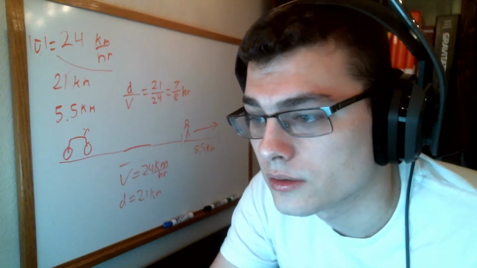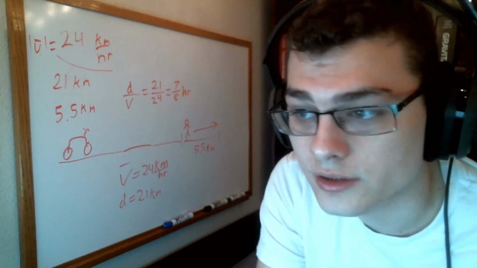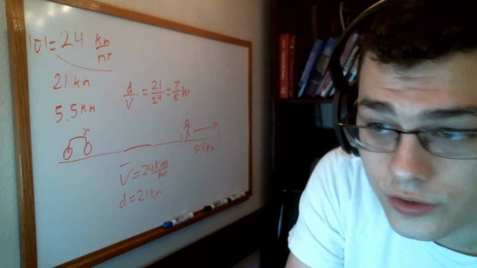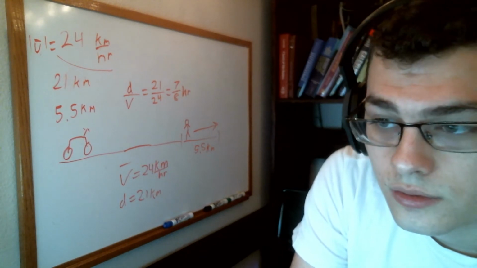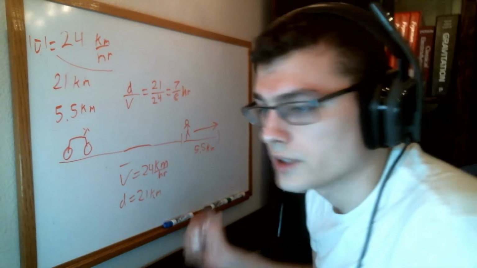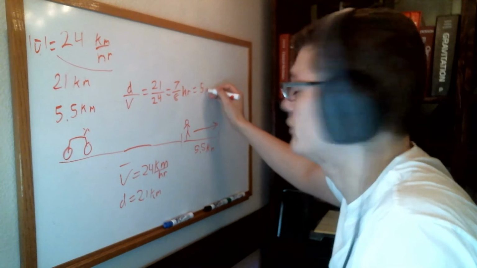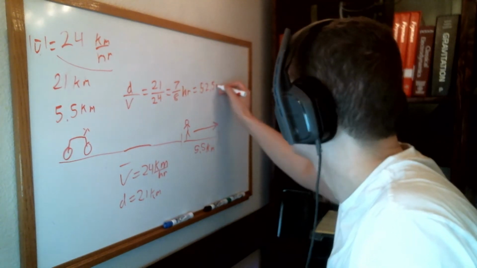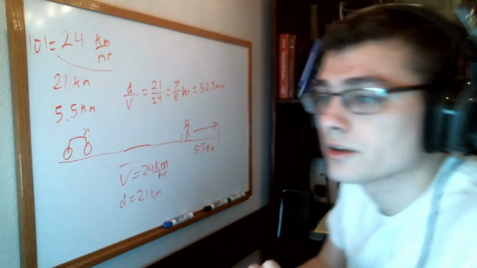Then we'll take the decimal form and multiply it by 60, and so this is going to be 52.5 minutes that we are on this bike ride here.